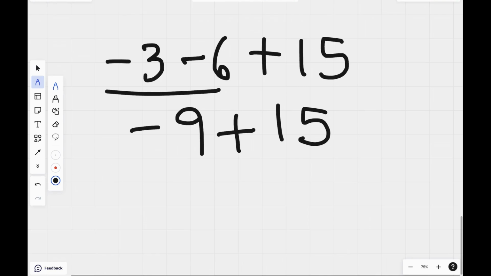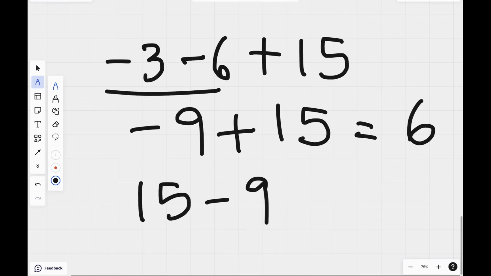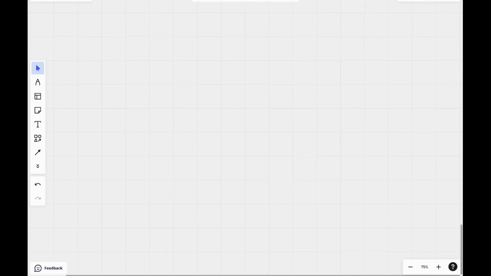Two numbers with different signs, so I find the difference of 9 and 15, which is 6. So minus 9 plus 15 is the same as 15 minus 9. You see that? I just flipped it. This is called the commutative property. We'll do a few more.